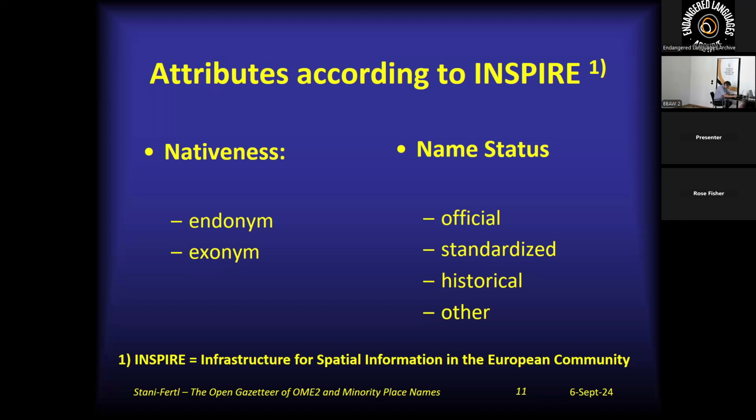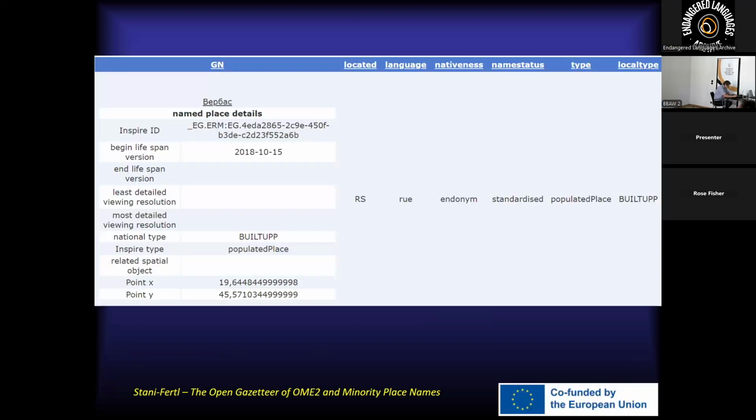These attributes allow users to understand the context and nature of place names. They facilitate filtering and analysis, enabling users to identify specific types of place names. This is actually a screenshot from the editing platform of the Open Gazetteer and not from the official website.